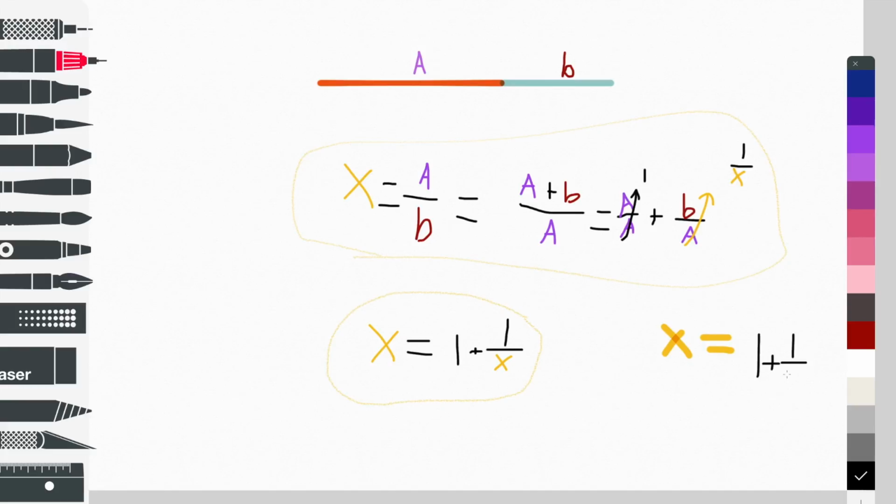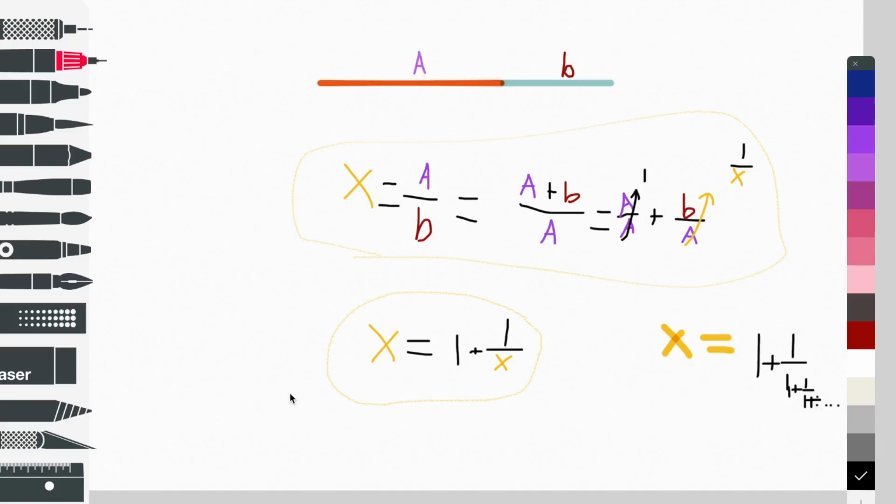So x is equal to 1 plus 1 over 1 plus 1 over, and instead of writing x there, you could just write, again, 1 plus 1 over, and you could just keep going and going without ever stopping.